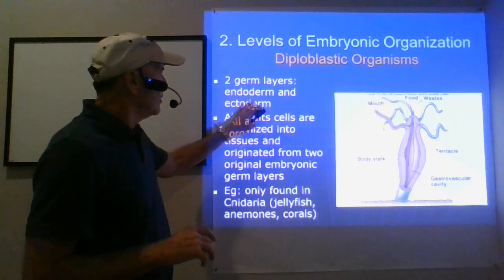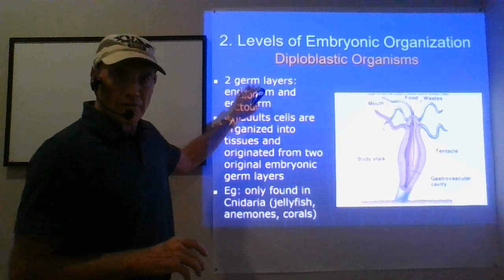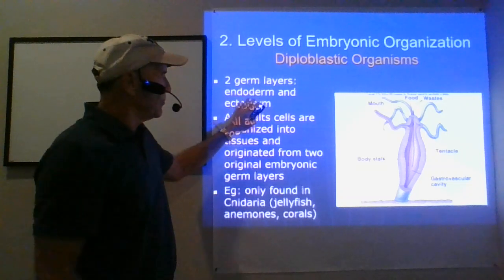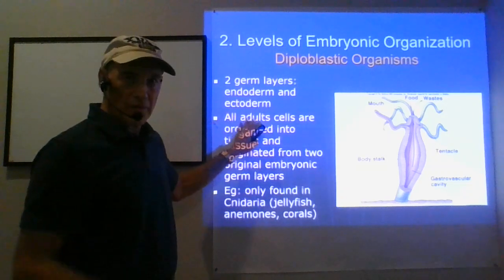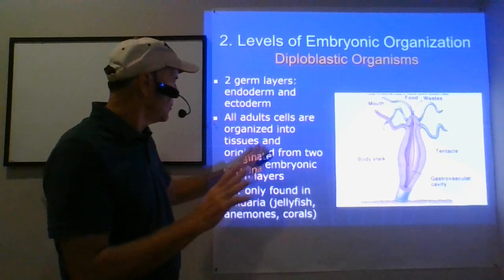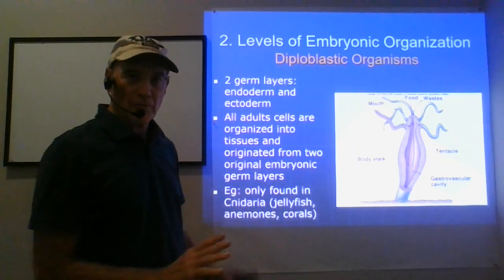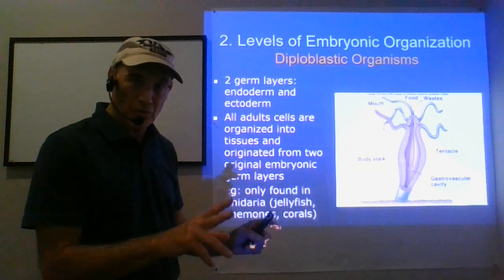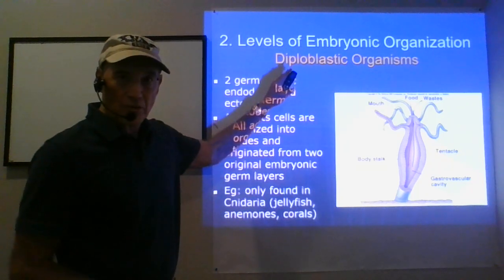They're called germinative layers, to germinate from. Germ layers, and we call them an endoderm and an ectoderm. They've got two, and then all the other tissues are derived from those. All other adult tissues are derived from those two, called a diploblastic organism, right?